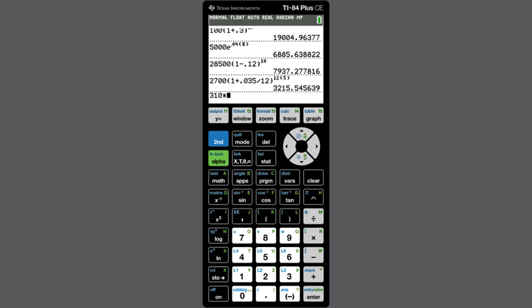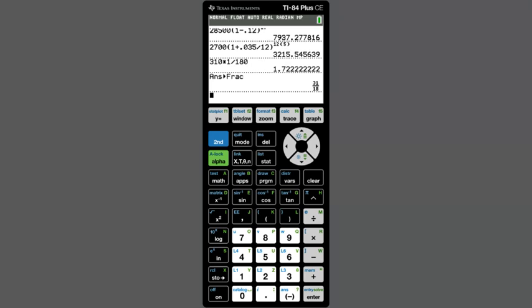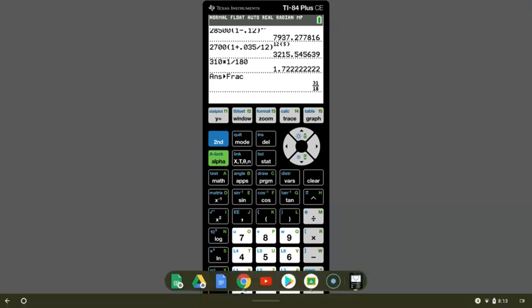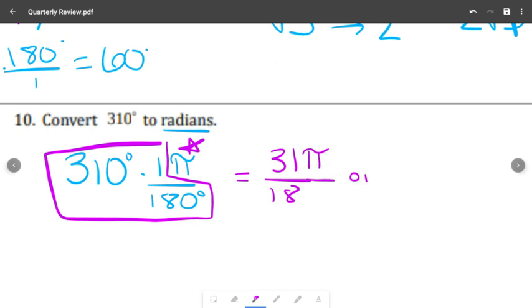It's just going to be 310 times 1 divided by 180. Math, enter, enter. And you get 31 over 18. We're going to remember, though, to bring the pi over into our answer. You can put it on top or next to the entire thing.